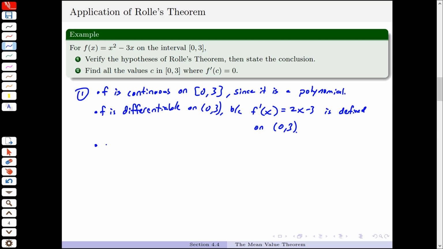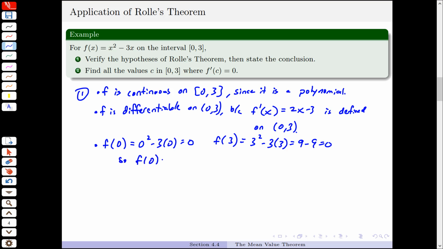And then finally we need f(a), which is 0, to equal f(b). Well, f(0) is 0. f(3) is 3 squared minus 3 times 3, which is 9 minus 9, or 0. So f(0) equals f(3), and now we have all three conditions.